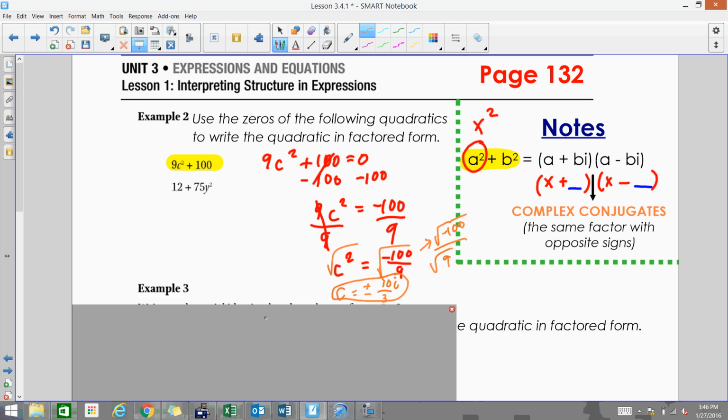So what we're going to do is rewrite this as two binomials, as two x-intercepts in intercept form. So watch what we're going to do. We're going to rewrite this as, ready? I said before x, but really it's c. So c plus 10i over 3 and c minus 10i over 3.